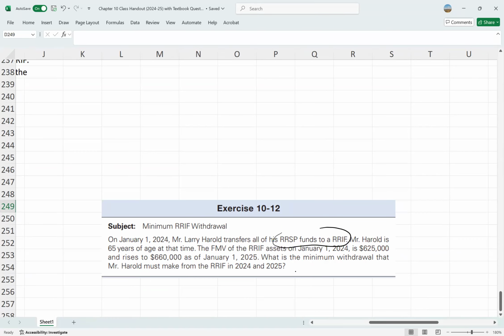And in 2024, he is 65. So you can do it at any time. You don't have to wait till the year you turn 71. But then once again, the year after, he must start taking minimum money out of the RRIF. At the beginning of 2024, this is the value of the RRIF. At the beginning of 2025, this is the value of the RRIF. And so the question asks us, what is the minimum amount he must take out of the RRIF in 2024 and 2025?